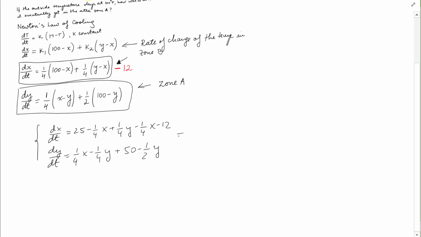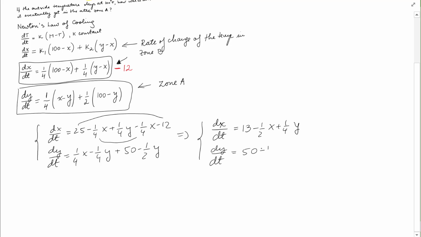So here we can get dx/dt equals 25 minus 12, that's 13, minus 1/2x plus 1/4y, and dy/dt equals 50 plus 1/4x, and then these two together are minus 3/4y.